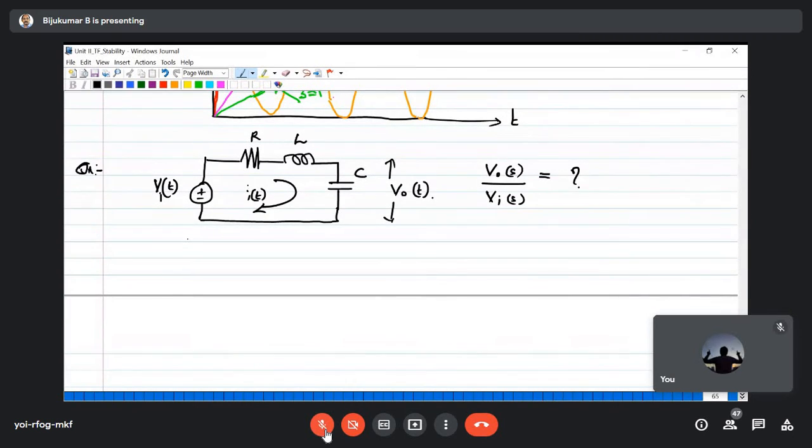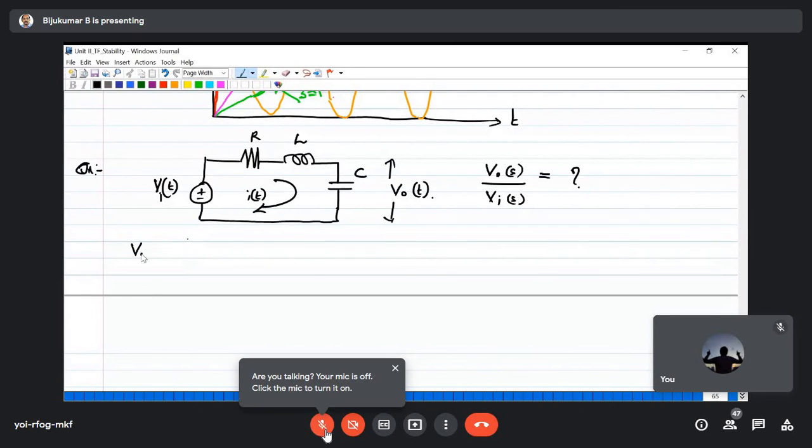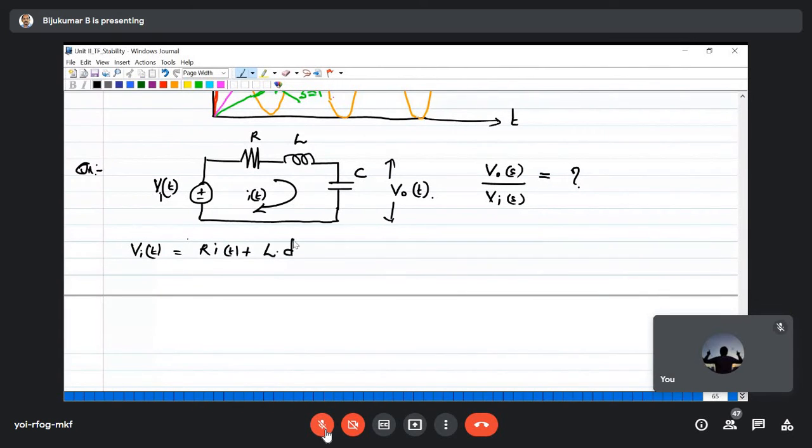One way of doing this, as we studied in unit one, is to apply Kirchhoff's voltage law, then apply the Laplace transform. Otherwise, you can directly write the impedance of each element, right? Anyway, I will write the KVL equation. So the KVL equation becomes Vi of t is equal to R i of t plus L di of t divided by dt plus 1 by C integral i of t dt.